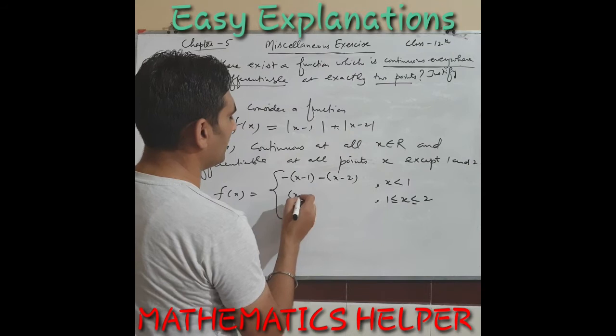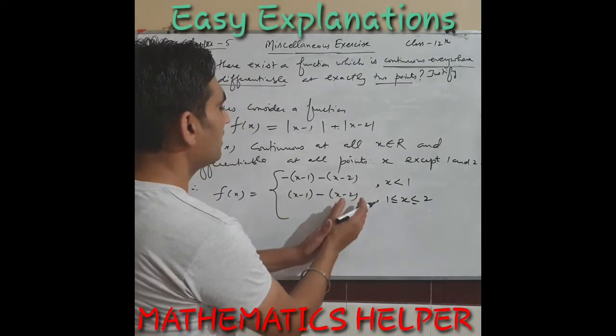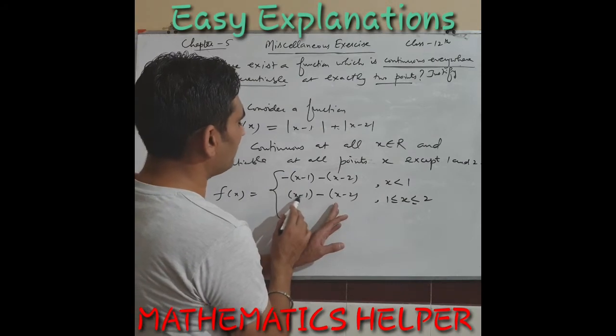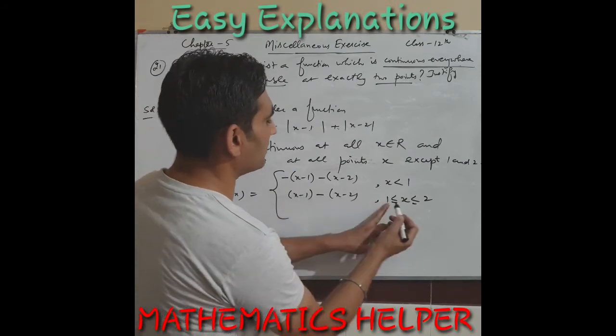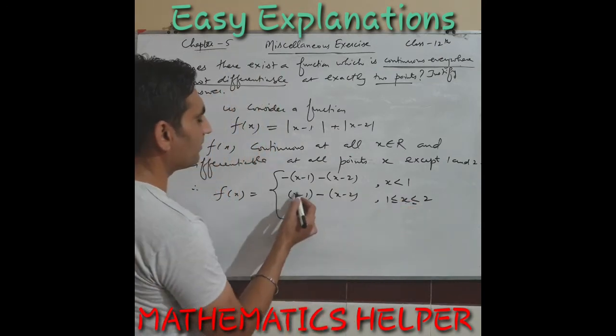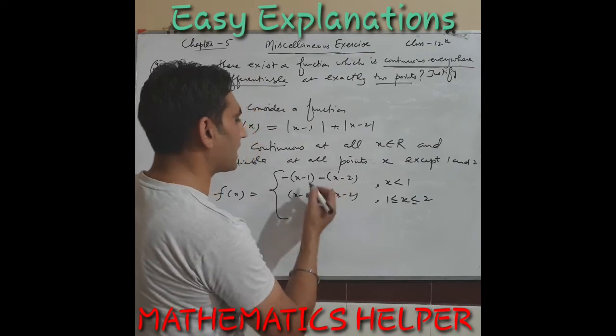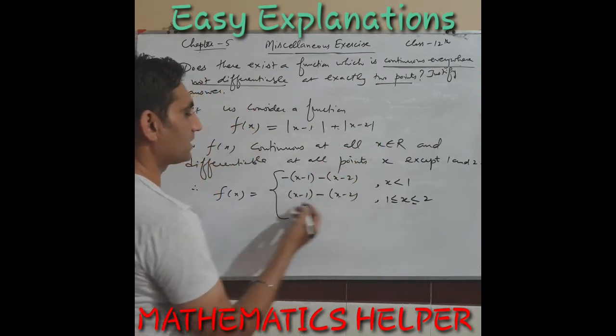So your statement will be (x - 1) - (x - 2). If you use a number greater than 1 but less than 2, it will be positive, but a number less than 2 will give a negative sign for the modulus. So this is our second statement.